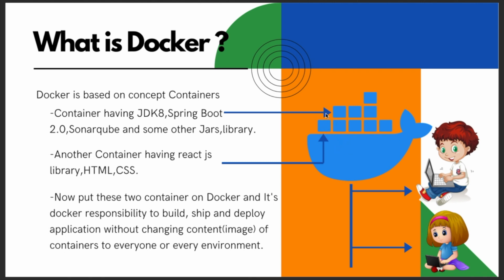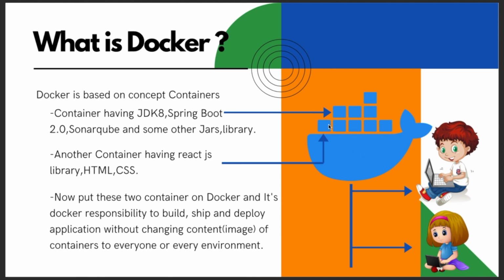Okay, so the first container is saying that I have JDK 8. It's really specific. It's saying I have JDK 8, I have Spring Boot 2.0, like this. So its versions are specified in this container. What this container is going to contain is very specific. Now put this container on Docker Hub, and it's Docker's responsibility to build, ship, and deploy this application without changing the contents.